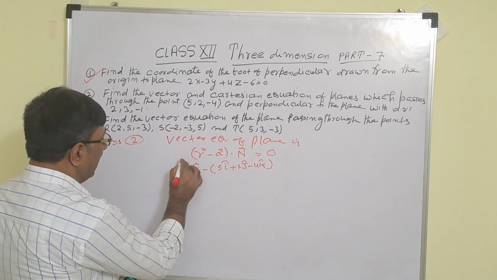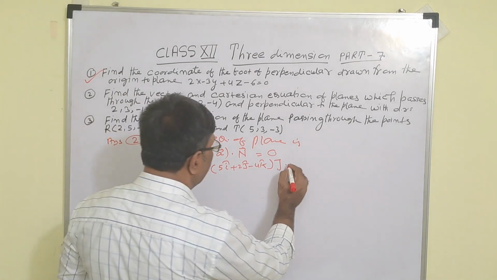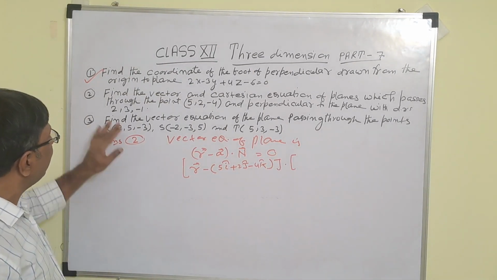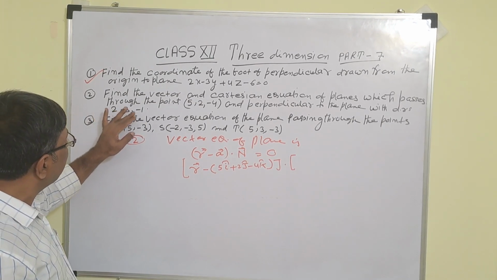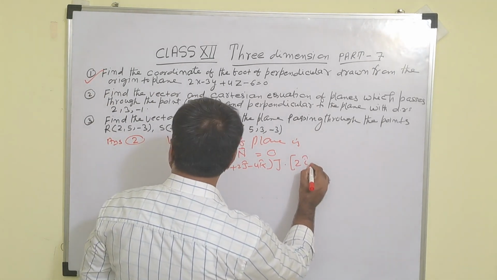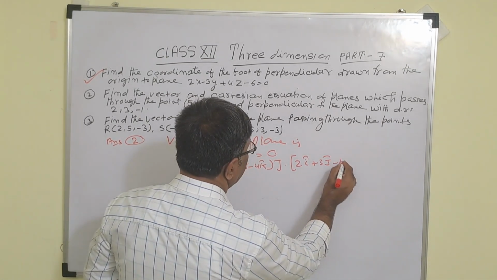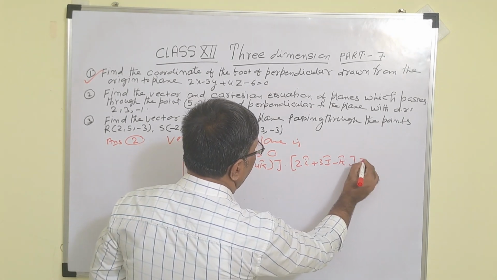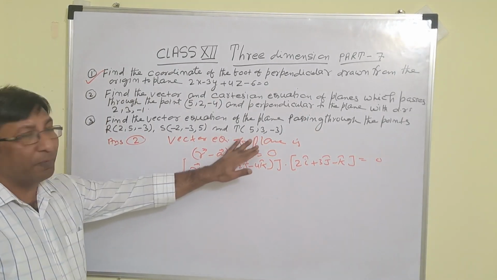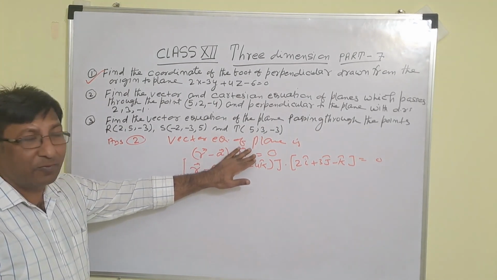So this is r minus a. Now this is dot n vector. So what is the n vector? It is given, that is 2i plus 3j minus k. So this is 2i plus 3j minus k vector, equal to 0. So this is the vector equation of the plane: (r vector minus a vector) dot n vector equal to 0.